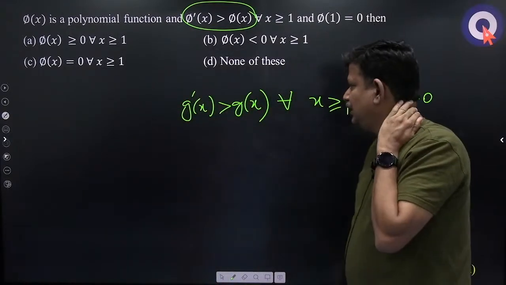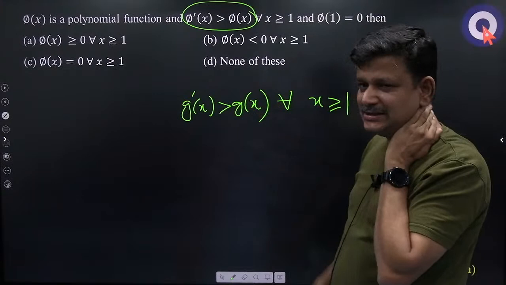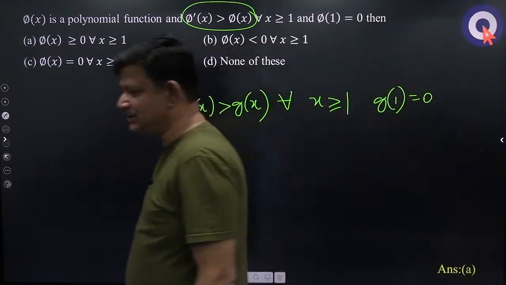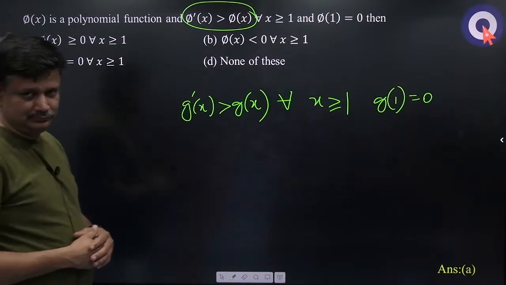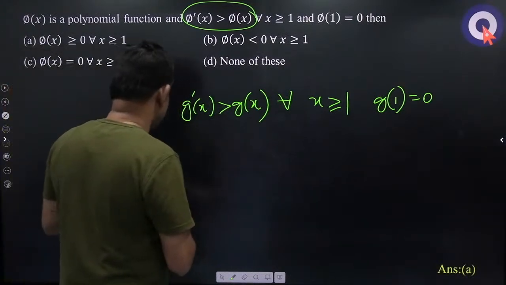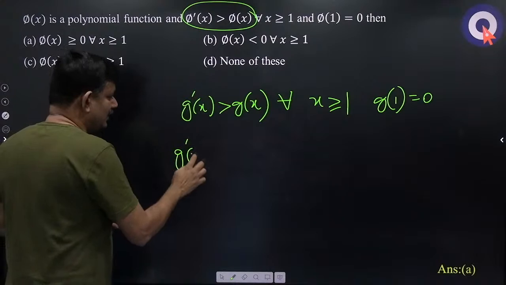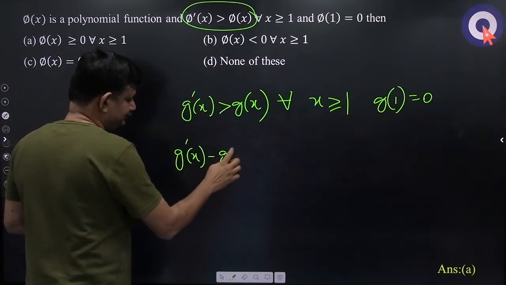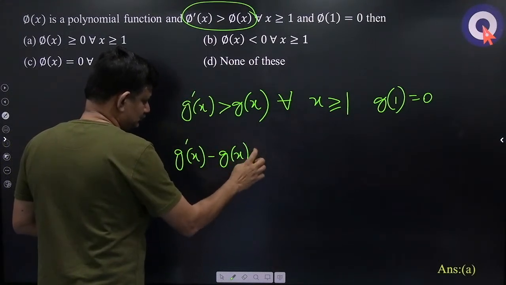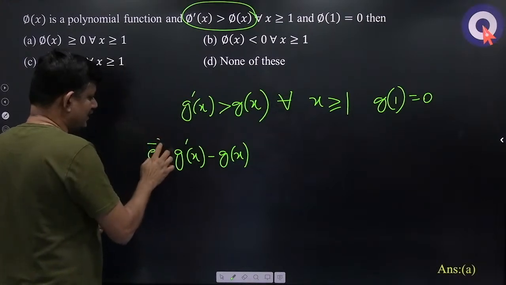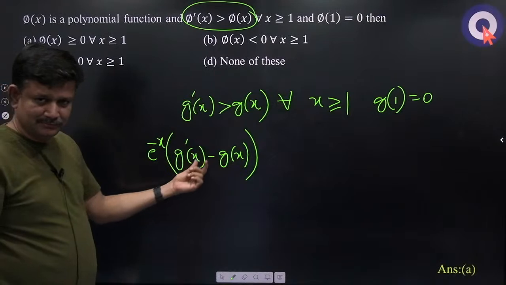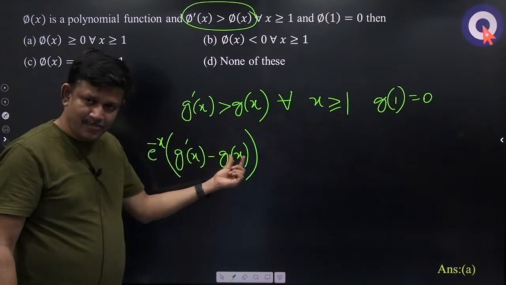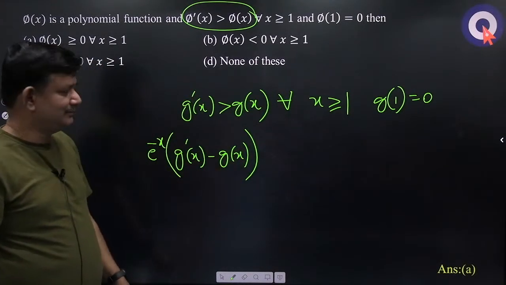Okay. Now, whenever you see this g dash and g, this resembles a linear differential equation. So I'll multiply by the integrating factor, which is e power minus x. dy by dx minus y, so p is minus 1 here.